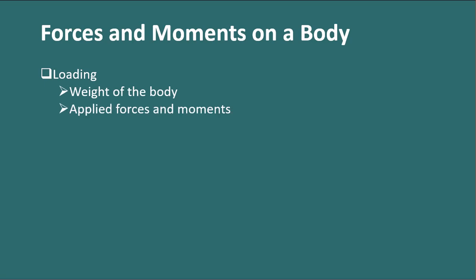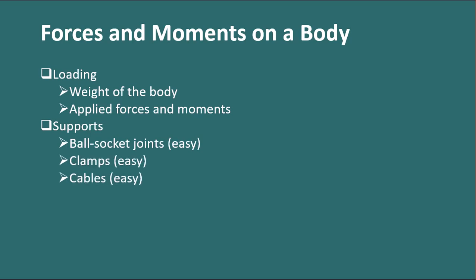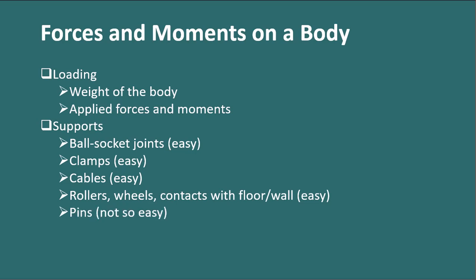Forces and moments on a body consist of the loading that you apply, which includes weight of the body and the applied forces and moments, and the support forces coming from a ball socket joint, clamps, cables, rollers, wheels, contacts with floor, wall, etc., pins, bearings, and hinges.